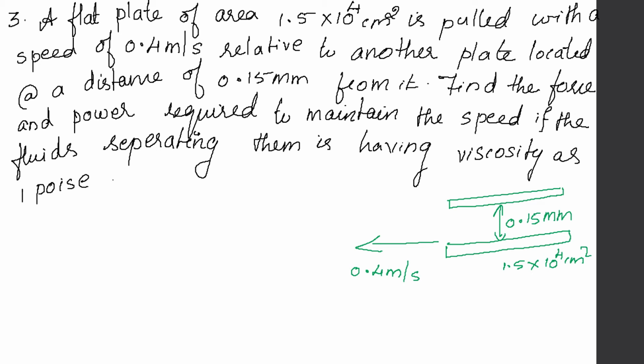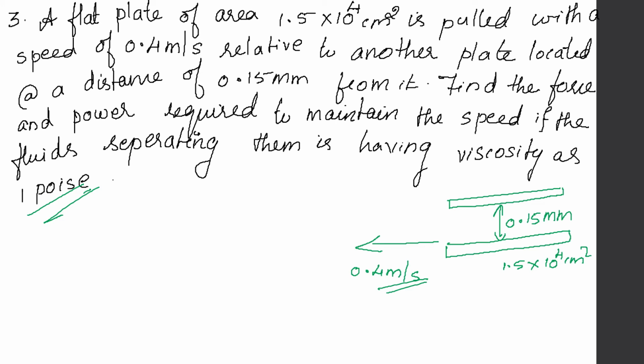So one plate is pulled with a velocity of 0.4 meter per second. Now you are asked to find the force and power required to maintain the speed. And also the viscosity is given as 1 poise. So shall we solve the problem now?